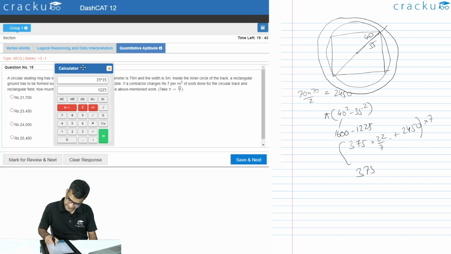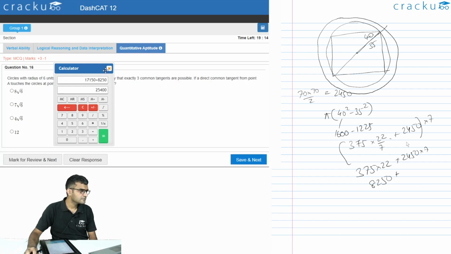This is 375 into 22 plus 2450 into 7. 375 into 22 is 8250, plus 2450 into 7 is 17150, plus 8250.